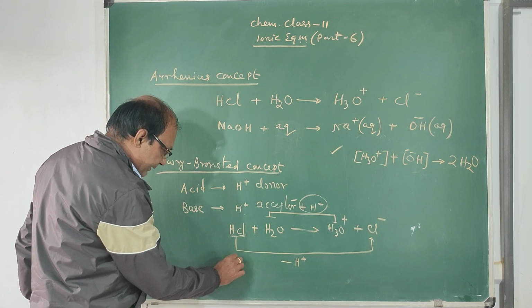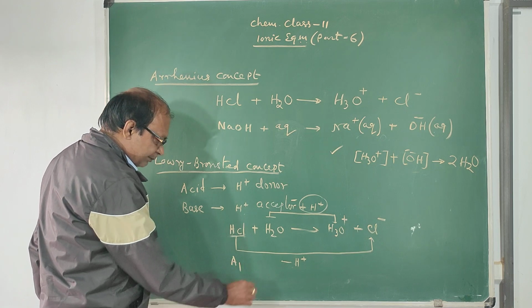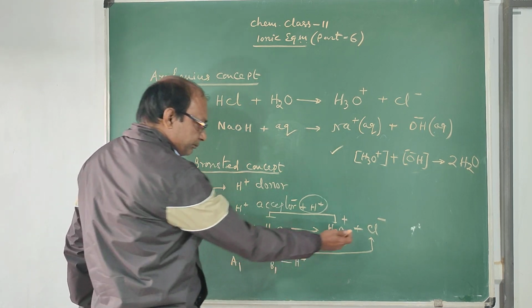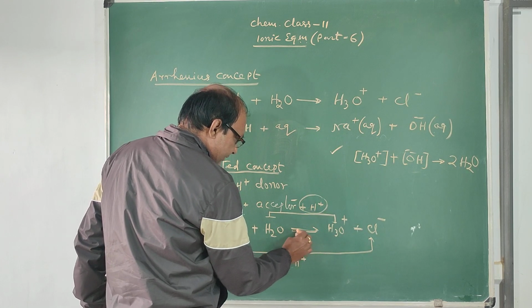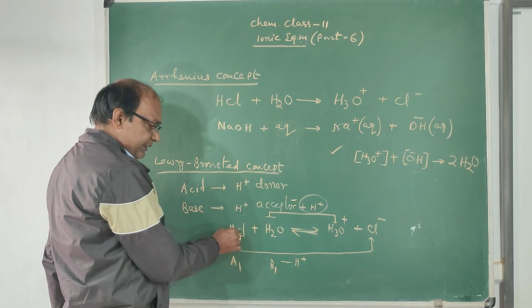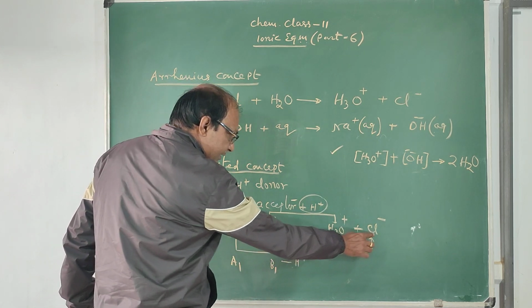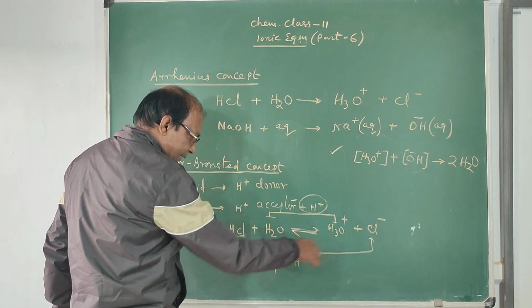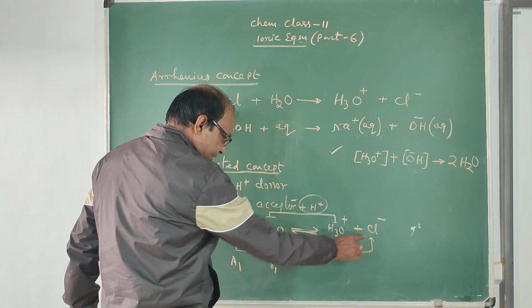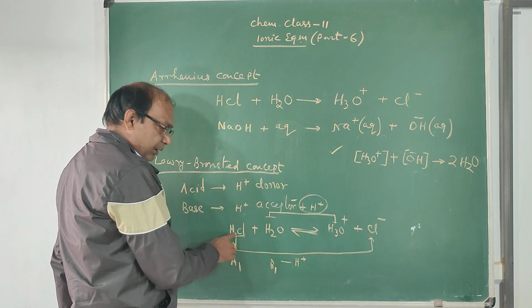Therefore you can write here this acid 1, this one is base 1. If you look at the backward direction, see Cl- to HCl, you can say that Cl- is accepting a proton to form HCl.